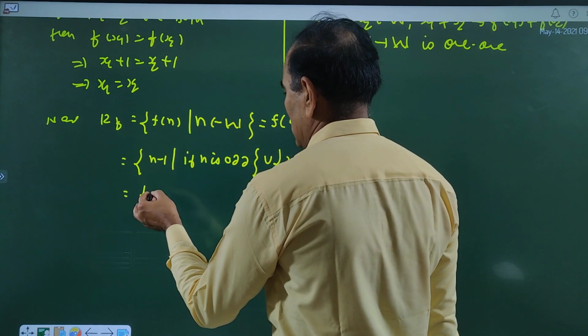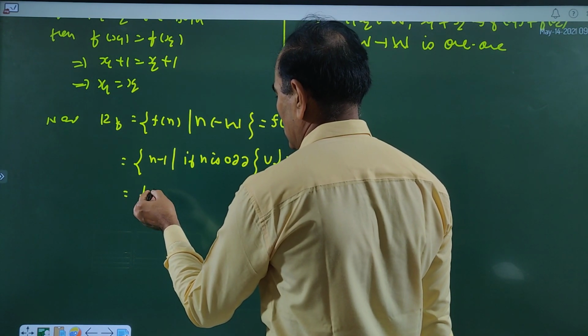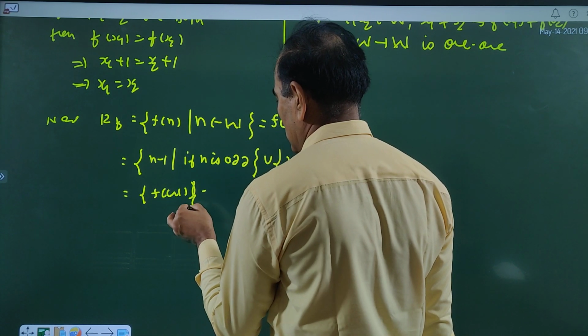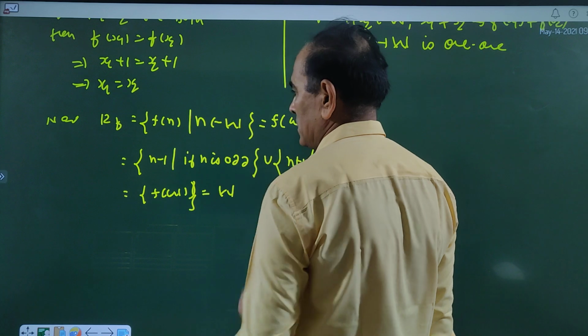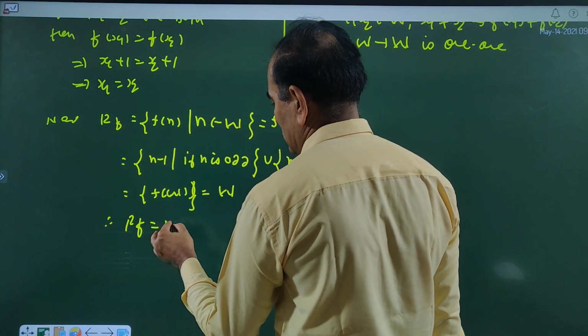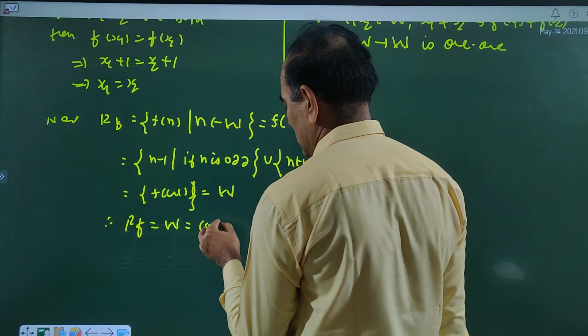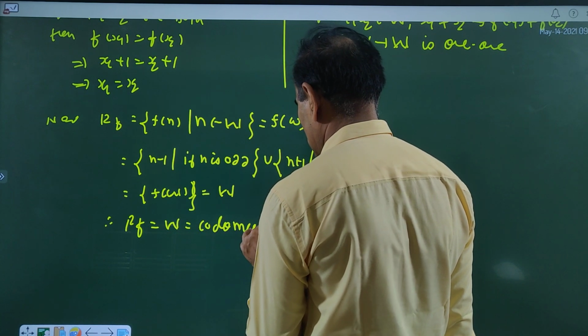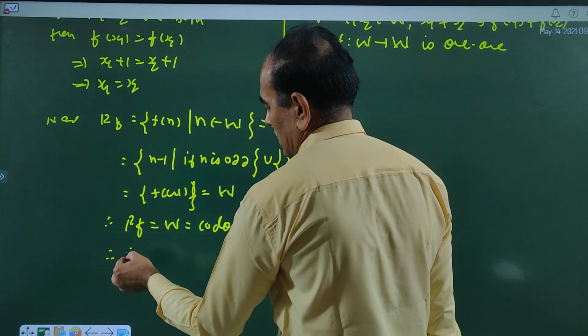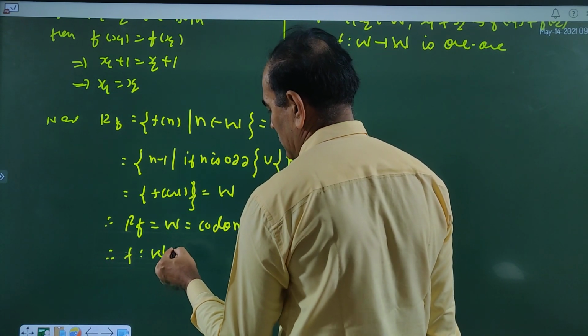So that is equal to f of W, and that is W. And therefore range of f is equal to W, and that is codomain of f.